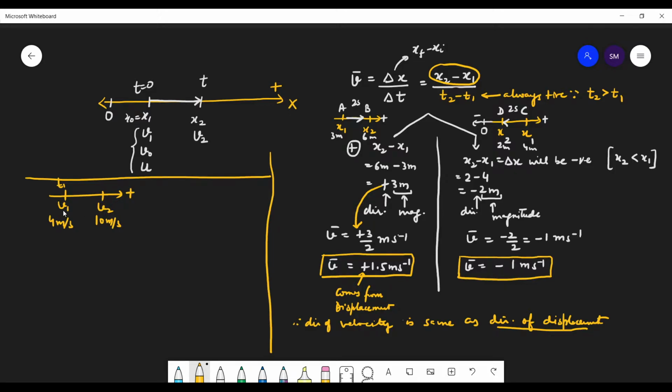And obviously in this direction, both the velocities are positive. In the positive direction, that comes from displacement, because displacement is positive, this is x1, this is x2. So displacement is positive, so the velocity is also positive. Now, I am taking another case.